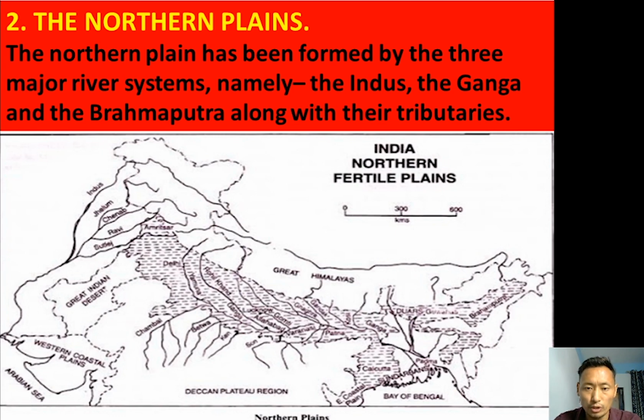So the northern plain of India was made by these three major river systems. The formation of the northern plain of India is mainly because of these three agents, the three Himalayan river systems.